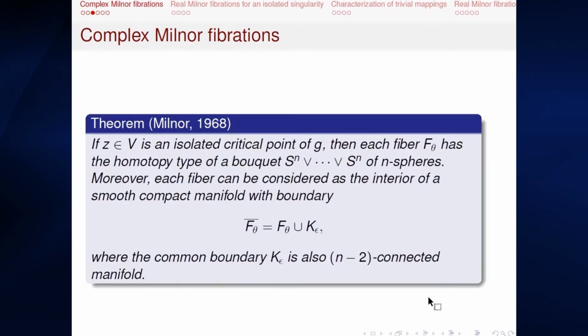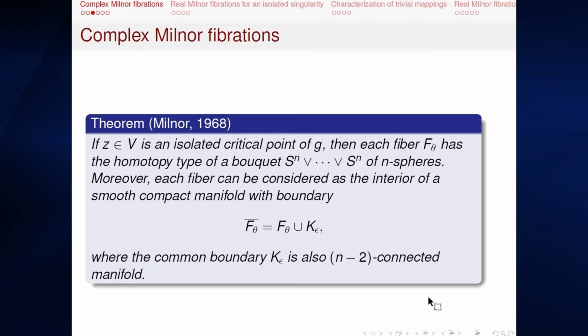When z in V is an isolated critical point, we have more information about the link and the fiber. In this case, the fiber has the homotopy type of a bouquet of spheres.